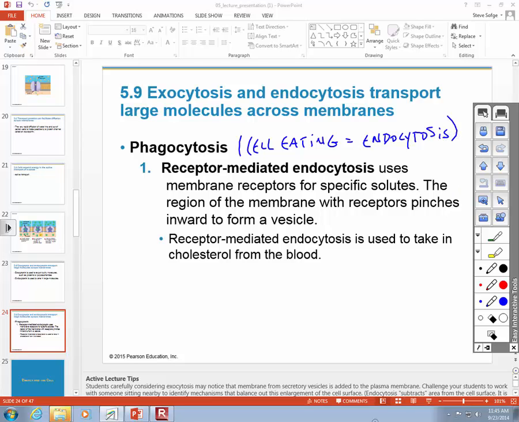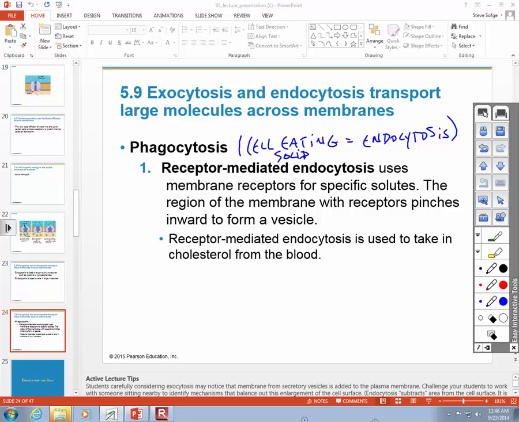But if we're bringing something in and it happens to be a solid material, cell-eating solid, could be a bacterium, a virus, a pollen spore, it is an endocytosis, but if it is a solid, we'll call it a phagocytosis.